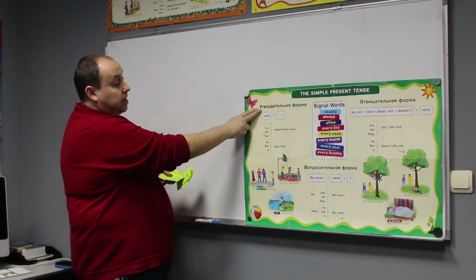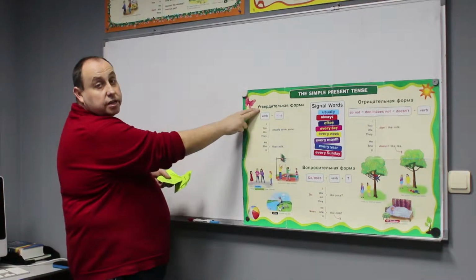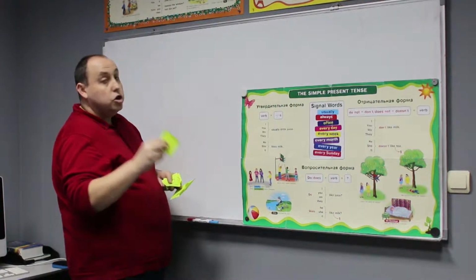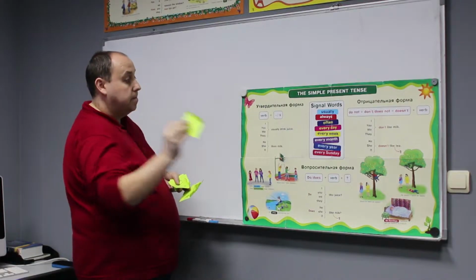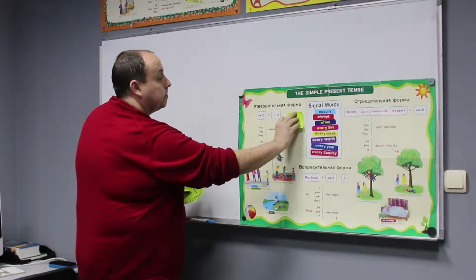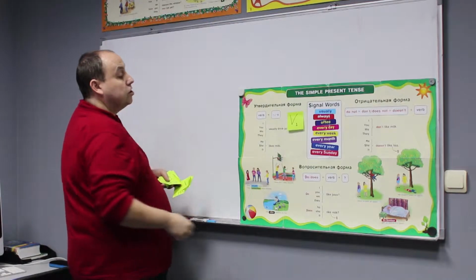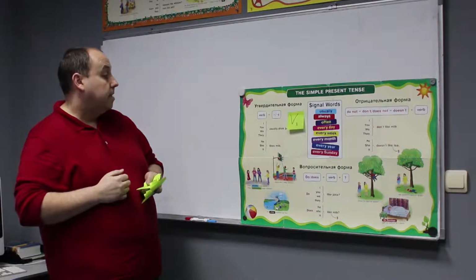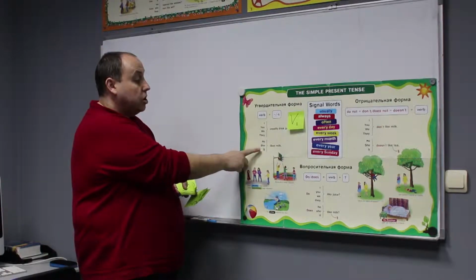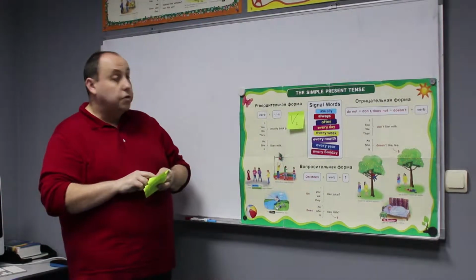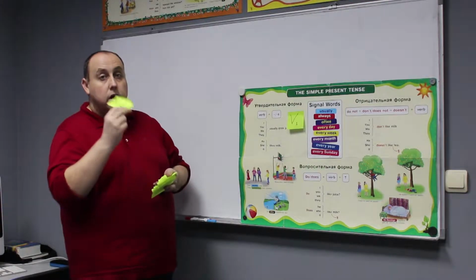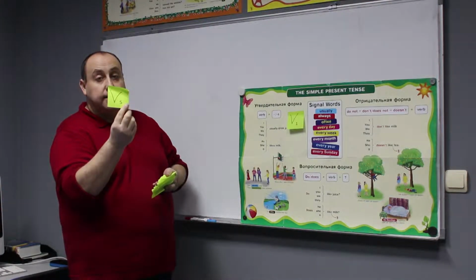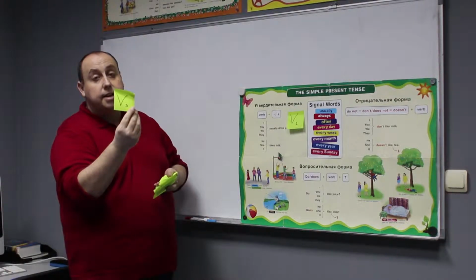If you have a positive statement, the positive statement uses the verb in the first form, the infinitive. For example, I go to school, you go to school, we go to school, they go to school. But if it's he, she or it, the third person singular, the verb adds the letter S at the end, and sometimes the letter ES.